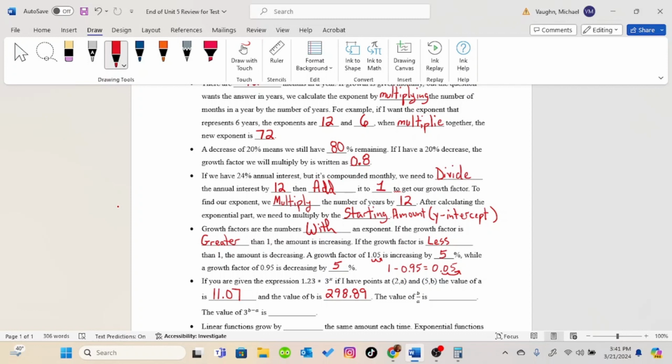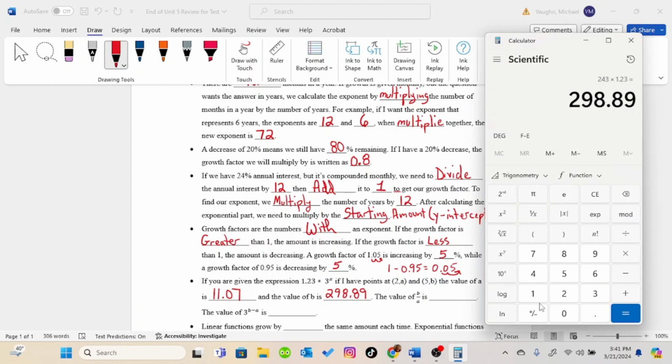Now, if I wanted to know the value of b divided by a, I could simply put these in a calculator, and 298.89 divided by 11.07, my answer is 27.